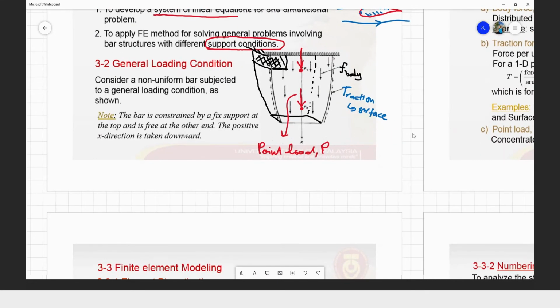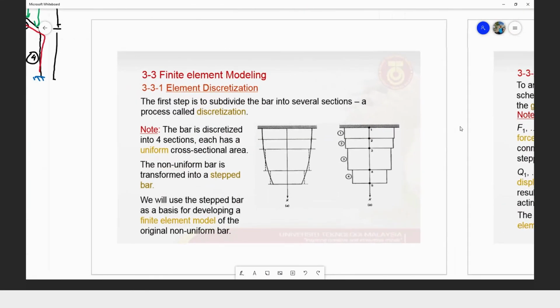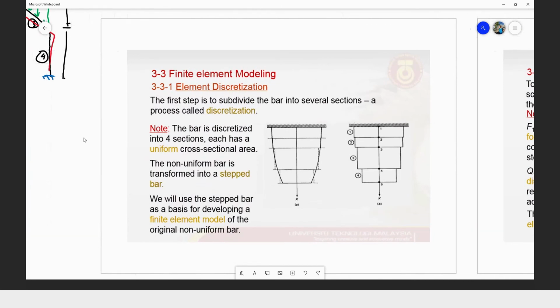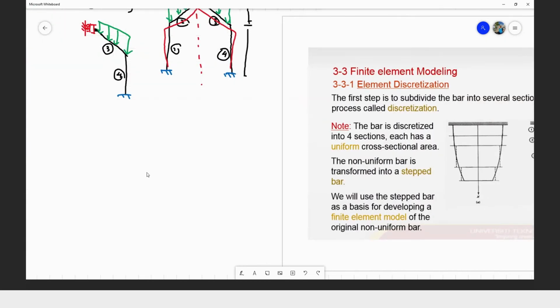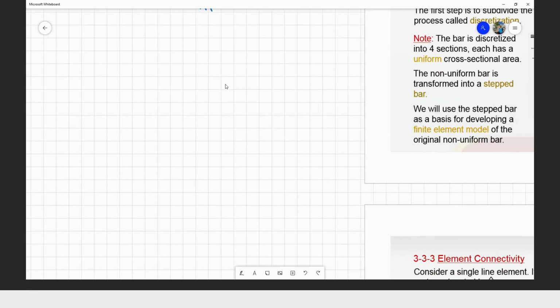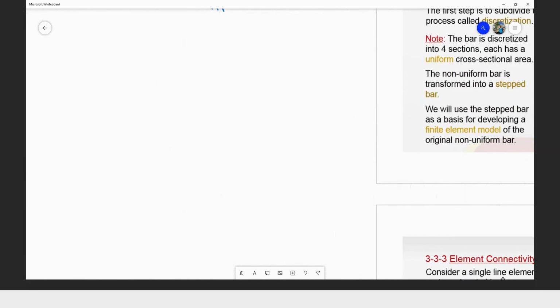All right. Now let's look at, so kalau ingat lagi tak, the standard procedure for solving finite elements. First, we must have geometry. Once we have geometry, we need to discretize it.